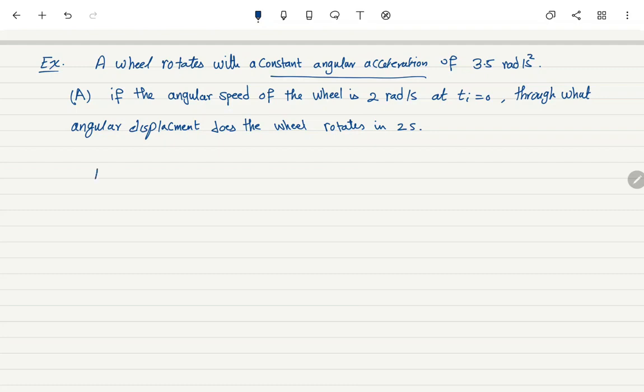So delta theta equals theta final minus theta initial, equals omega initial t plus half alpha t square, which equals 2 rad per second times 2 seconds plus half times 3.5 times 2 square, which equals, in this case, 11 rad.